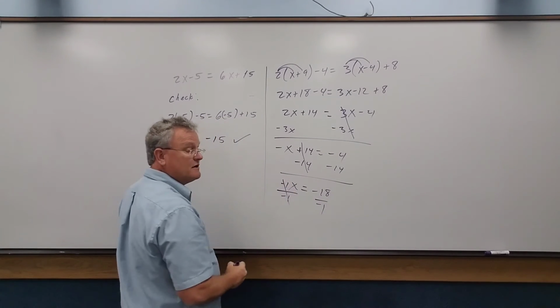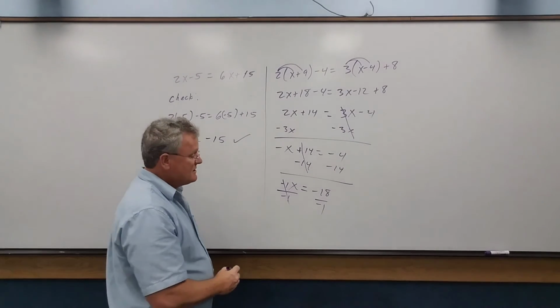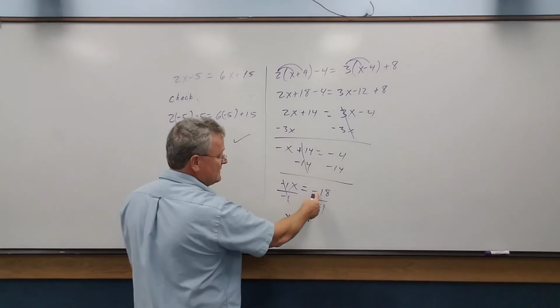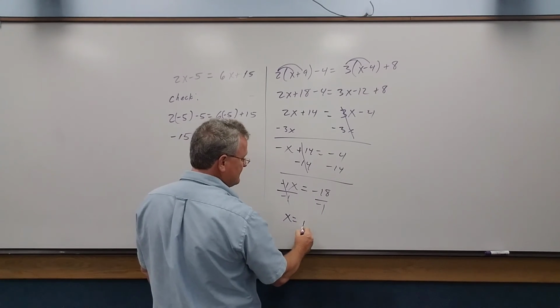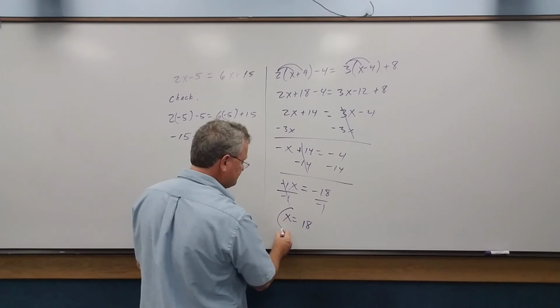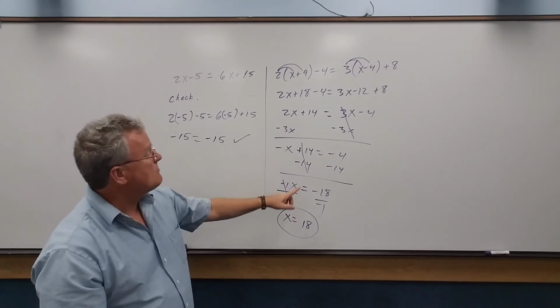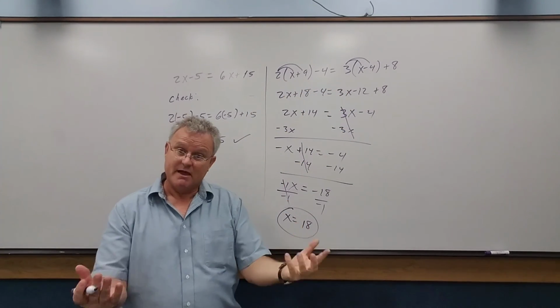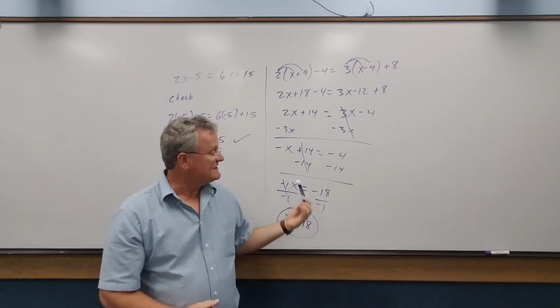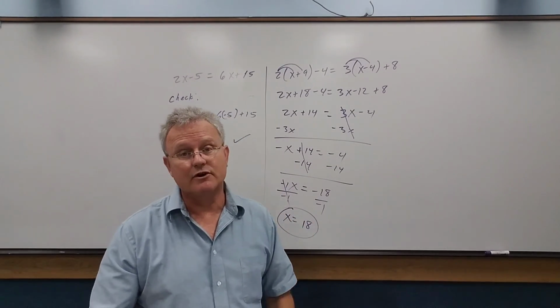Negative 1 over negative 1 is positive 1. Positive 1 times x is x. Negative 18 divided by negative 1 is positive 18, and this is our solution. Now you should go back and plug it in to make sure you're right, just to guarantee it. But that's the idea of solving linear equations.